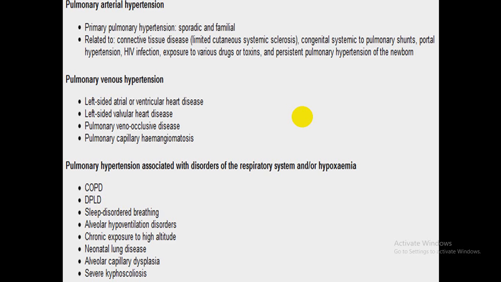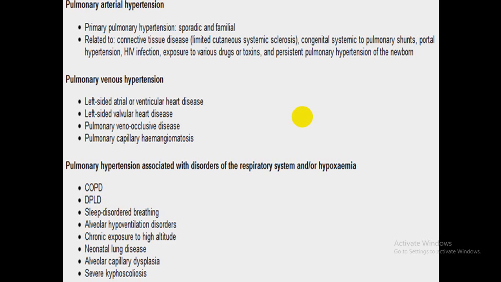It is caused by left-sided heart disease, like left atrial disease in case of heart failure, left-sided mitral valve disease, MS or mitral regurgitation, or in case of pulmonary venous occlusive disease of the pulmonary vein, or pulmonary capillary hemangiomatosis.